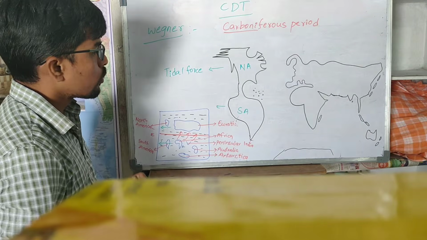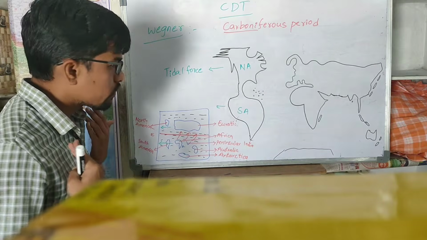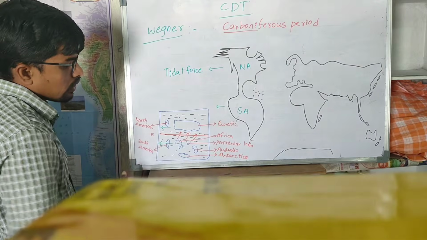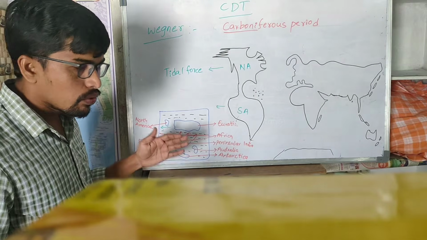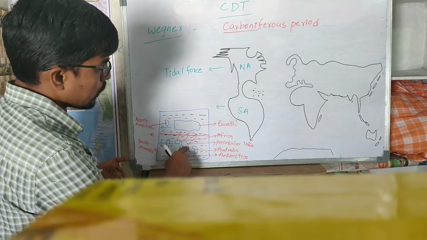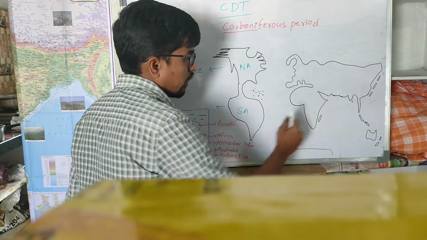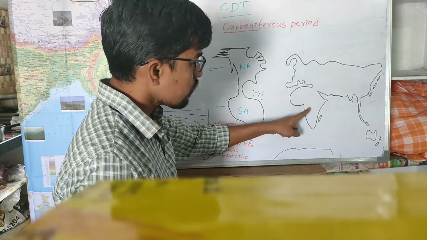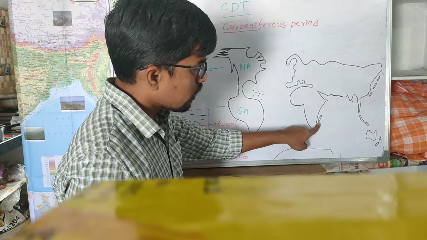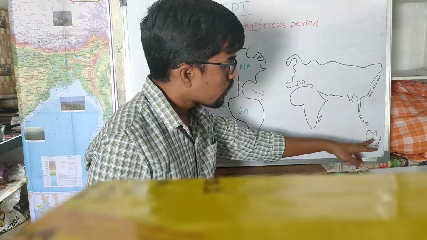North America and South America are the ones which moved towards the westward due to the tidal force. And again, these continents which are breaking from the Gondwana land, that is Africa, Peninsular India, Australia and Antarctica. Here in this map, we are observing Africa, Madagascar, Peninsular India and Australia.